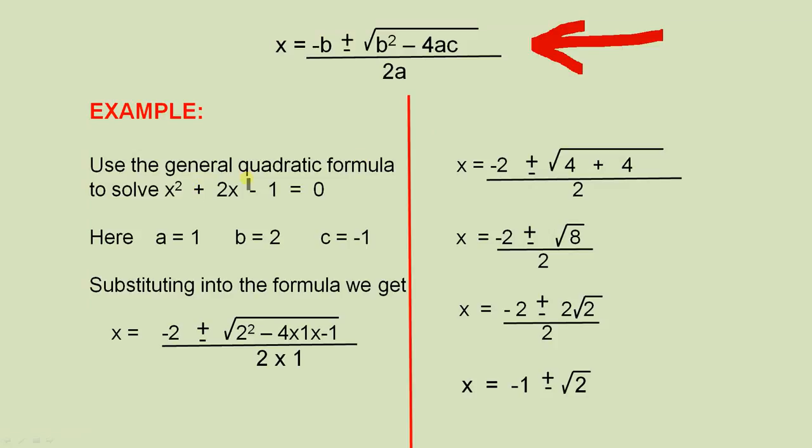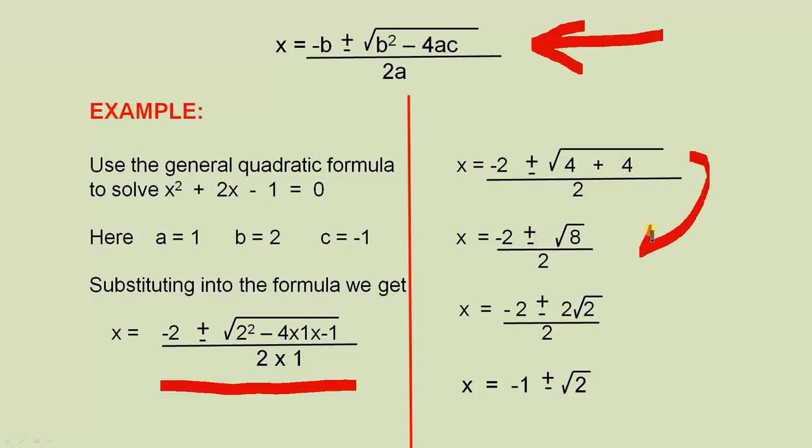Here's an example. Use the general quadratic formula to solve x squared plus 2x minus 1 equals 0. You can see that a equals 1, b equals 2, and c equals minus 1. We substitute these three numbers into the formula. Straight substitution gives us that. That's very straightforward. Solving the numbers under the square root sign, 2 squared gives us 4, and minus 4 by minus 1 gives us 4.